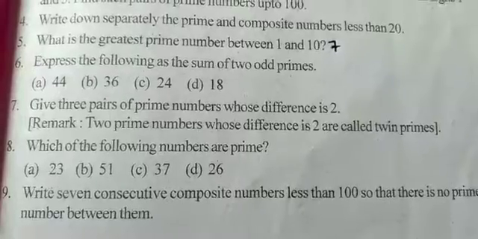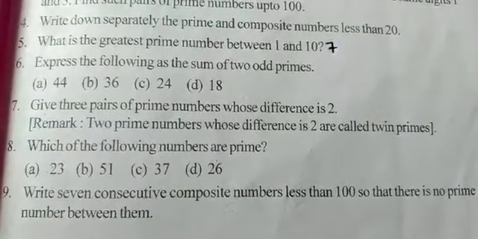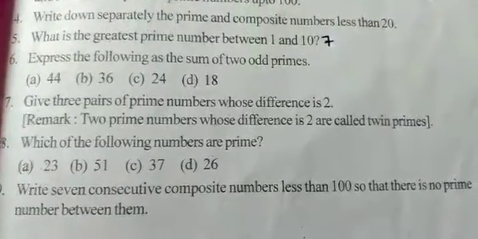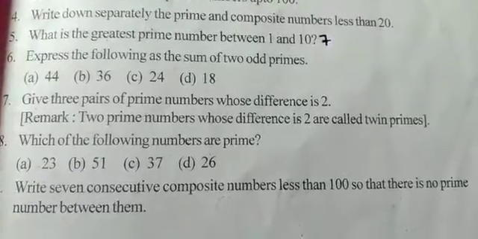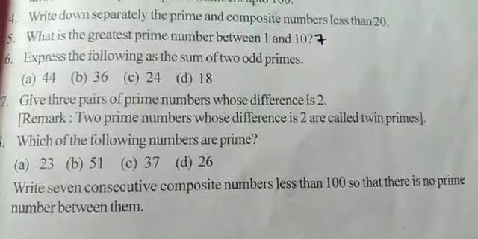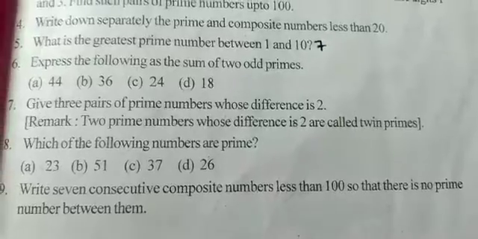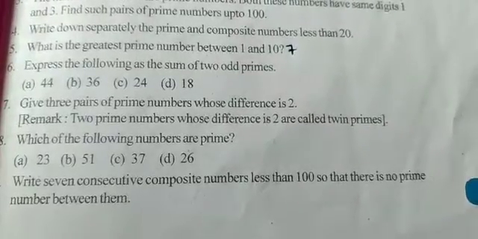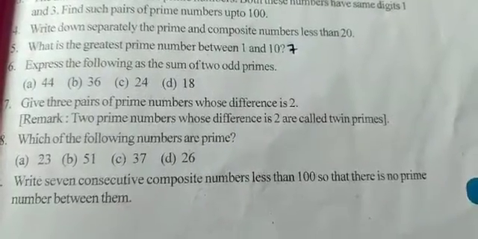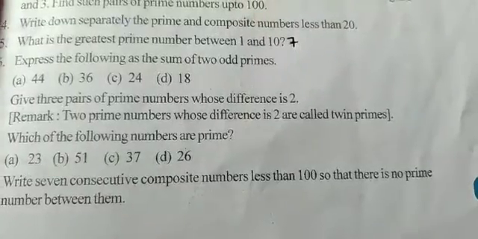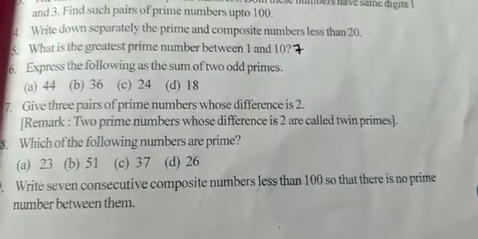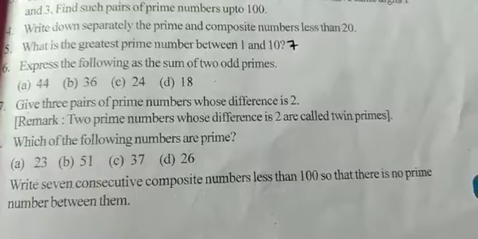So to find the difference between the 2 prime numbers, the answer should be 2. Let's begin with the solution. And remember, the remark given is that 2 prime numbers whose difference is 2 are called twin prime numbers. This you have to keep in mind.